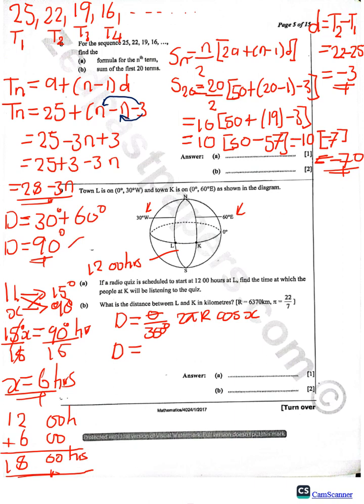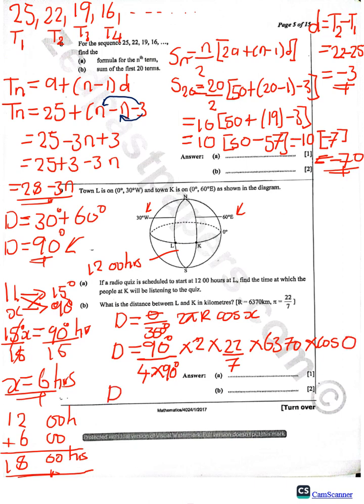We've calculated this value, 90, over 360. 360 is the same as 4 times 90, times 2, times our pi, which is 22 over 7. Radius is 6370 times cos. We can see that we are dealing with the equator, cos 0.